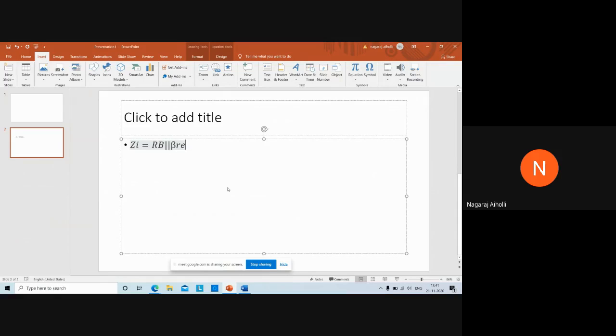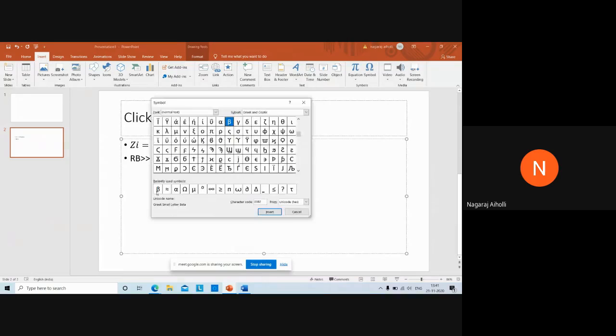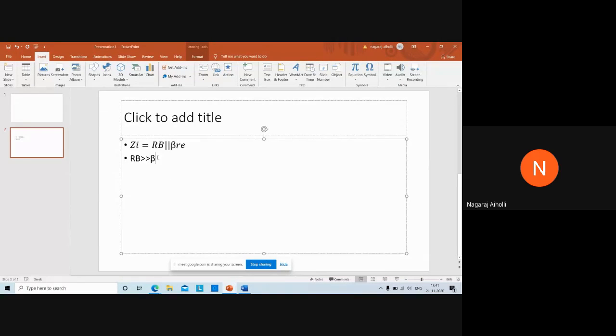But capital RB is very much larger than beta RE. So when RB is very much larger than beta RE, then Zi will be how much?